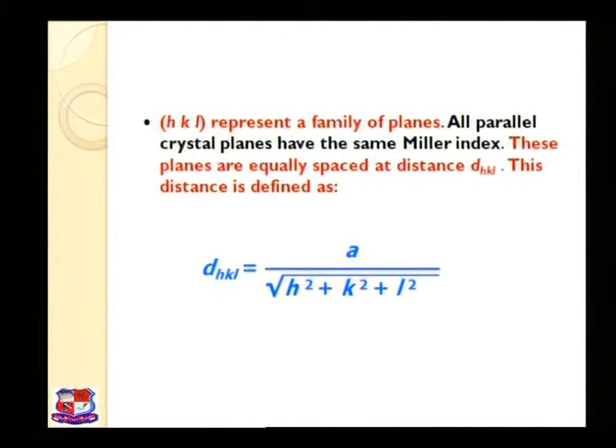That means h, k and l are the Miller indices of a plane. All parallel crystal planes have the same Miller indices, and these planes are equally spaced at a distance d(hkl), defined as d is equal to a upon root of h square plus k square plus l square.